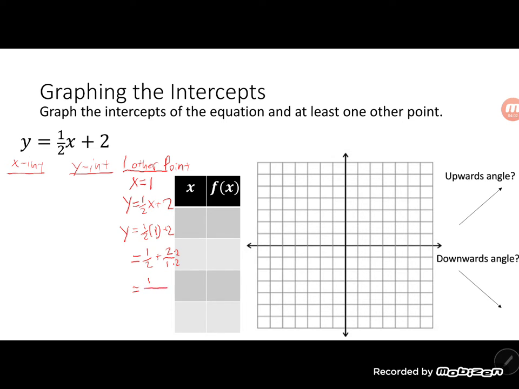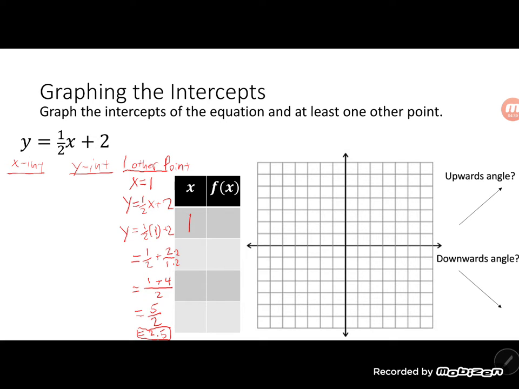They will both be over 2, so I put them both over 2: 1 plus 4 over 2, which is equal to 5 over 2. And if you want to calculate that, 5 over 2 is just about 2.5. And just like that, we found the y value that went along with that x value.